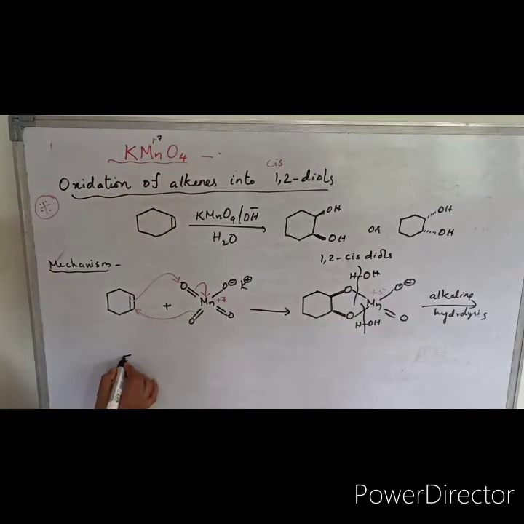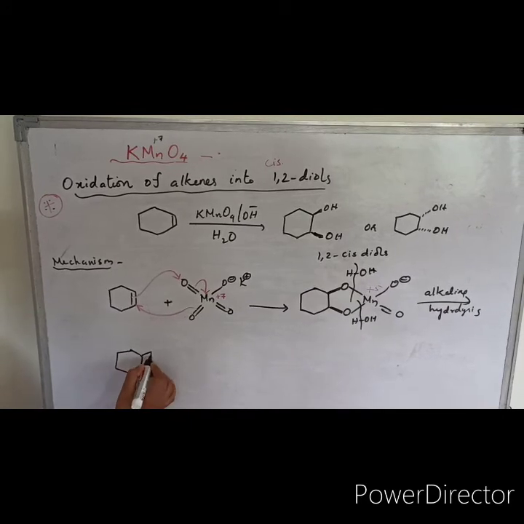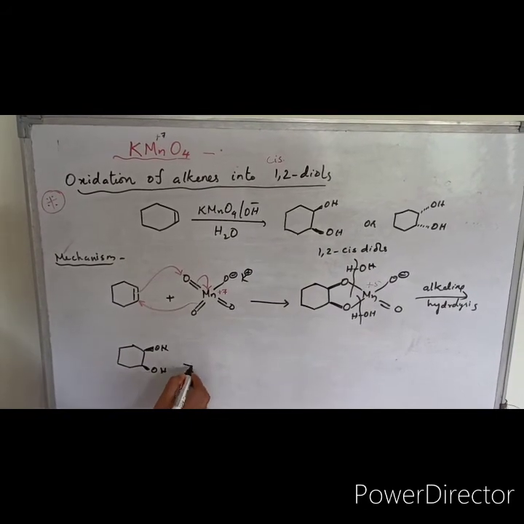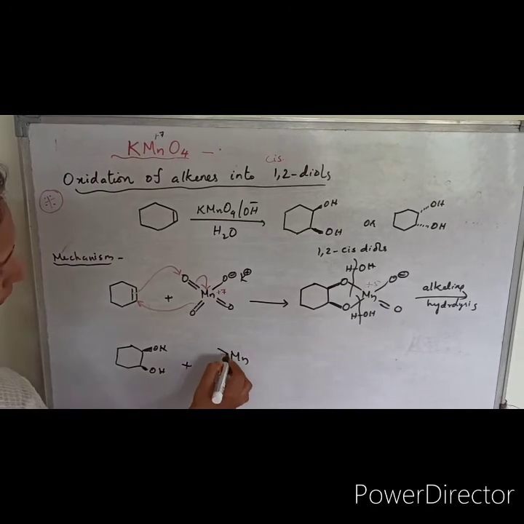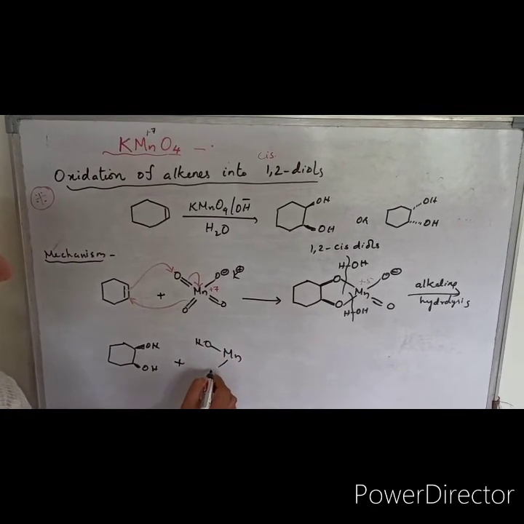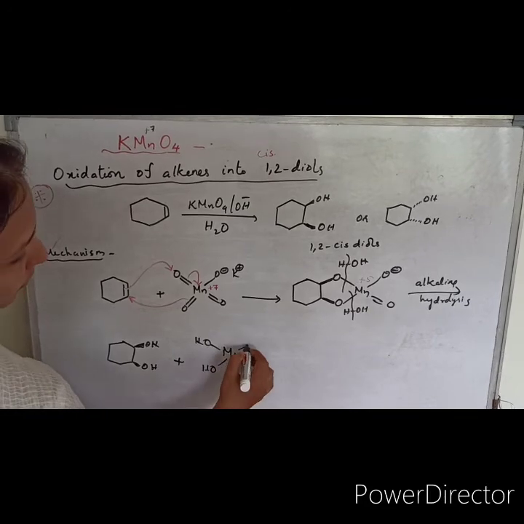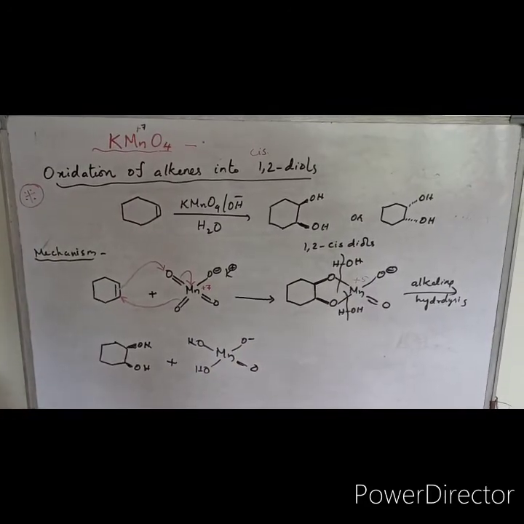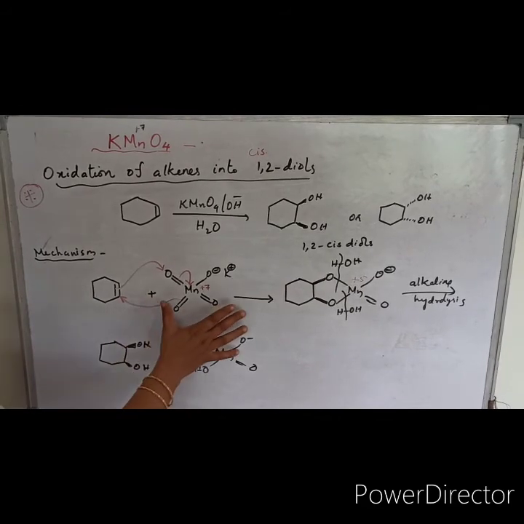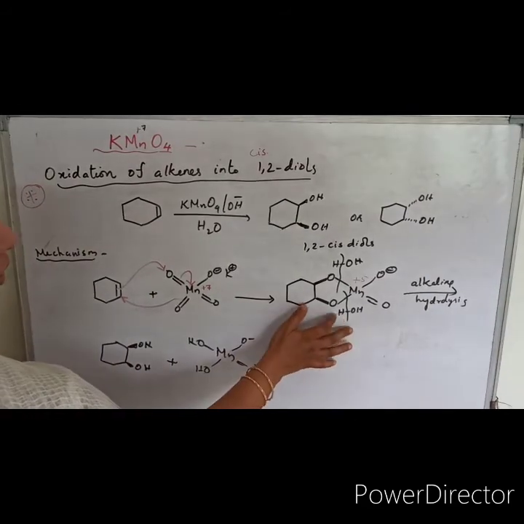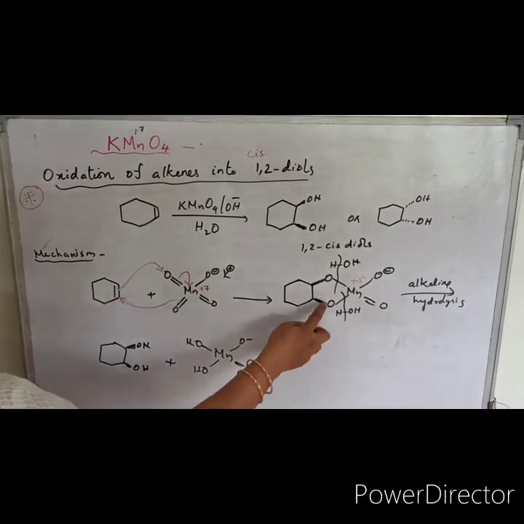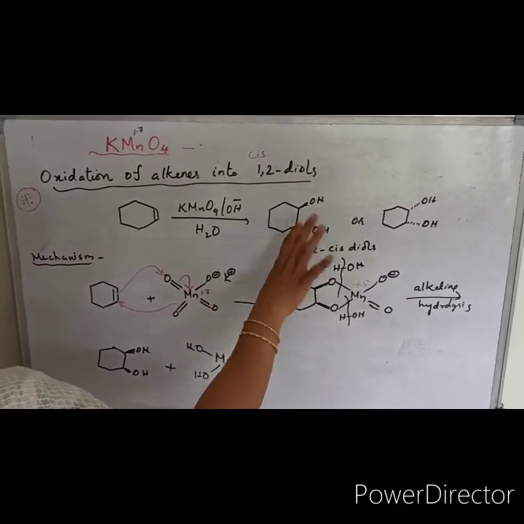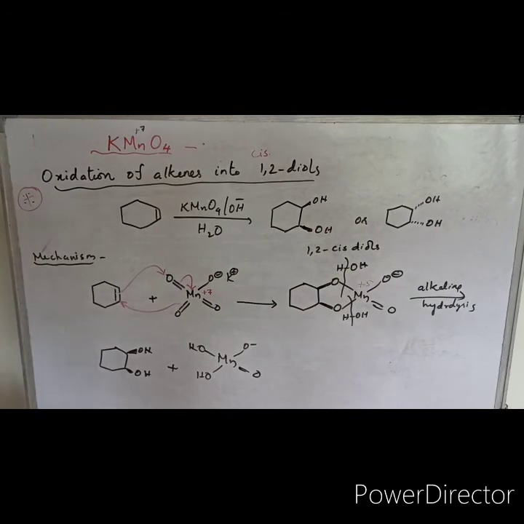So you will be getting OH, and then OH, and then OH, O minus, double bond O. This is how this reaction is happening. So remember the formation of the cyclic ester, then cleavage. This is happening on the same face, so you will be getting both cis alcohols.